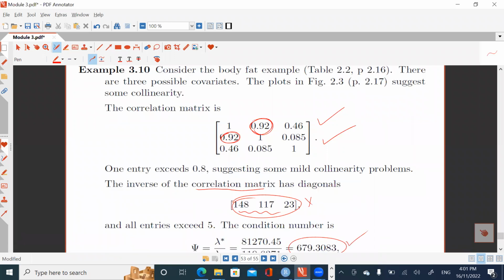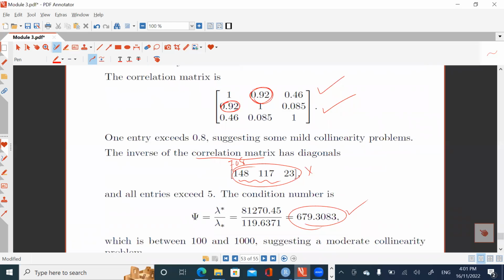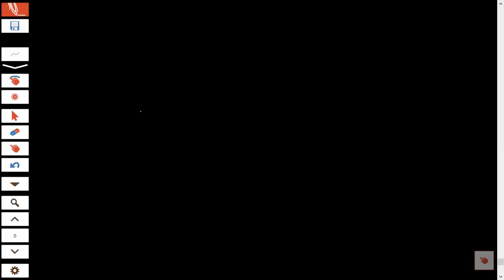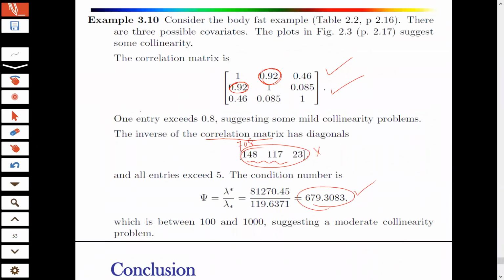So this is 708, but whatever, it is greater than 5. So all diagonal elements exceed 5, which means there is a problem of multicollinearity. And the other thing we already did: in this particular example, the condition number is 679, which is less than 1000, so there is a moderate form of multicollinearity.